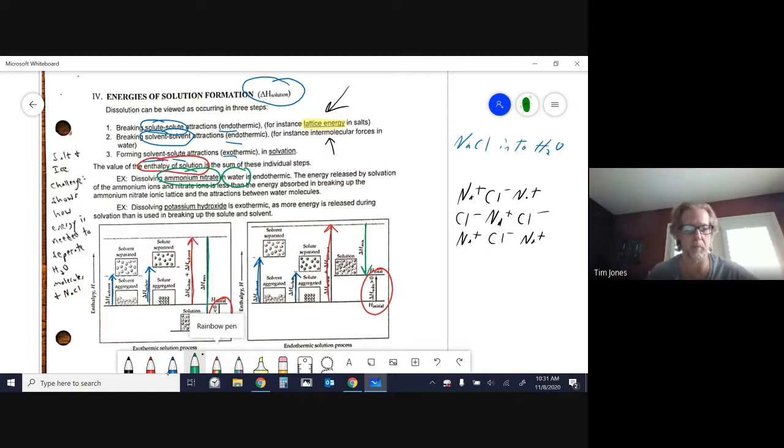The opposite example I have here with potassium hydroxide, in this case, it gets hot. And so if you had this in a beaker and you dissolve potassium hydroxide or sodium hydroxide in water, it actually would get warm to you as it gives off that excess energy. And this is actually something I have to be careful of.